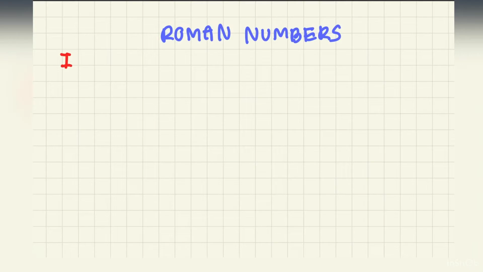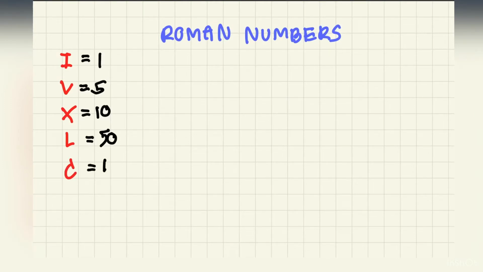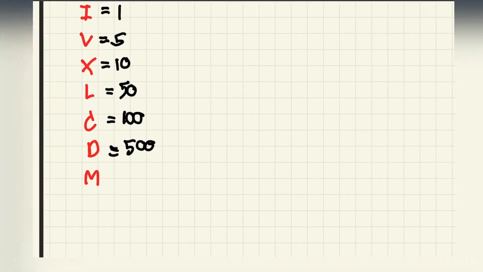I is for 1, V is equal to 5, X is equal to 10, L is equal to 50, C is equal to 100, D is equal to 500, M is equal to 1000.